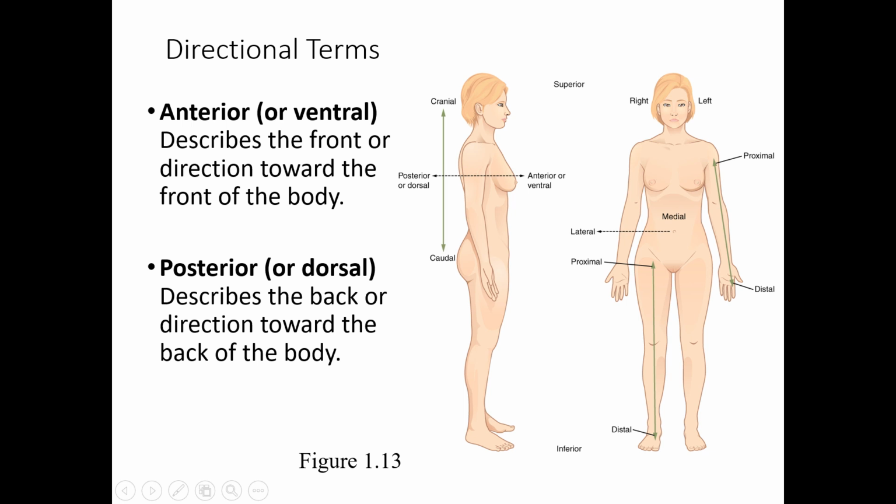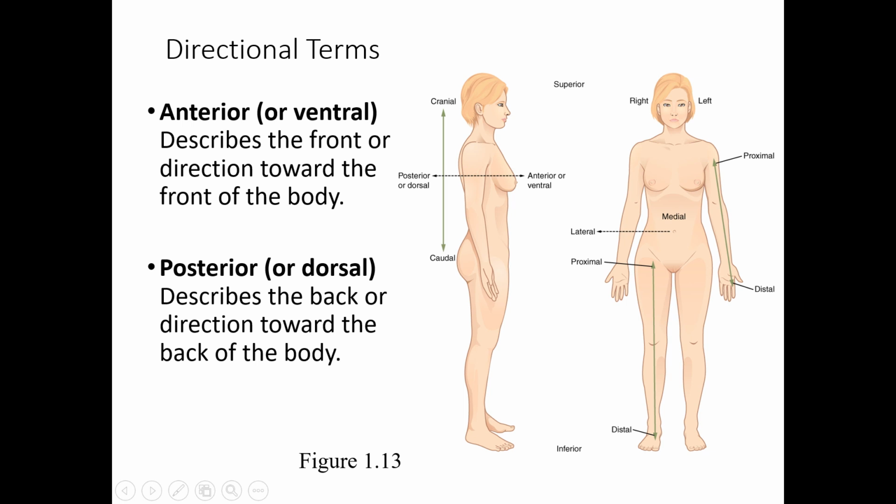Now, anterior or ventral and posterior or dorsal. It is related to the body surface. Anterior describes a structure that is located closer to the frontal surface of the body. Posterior describes the structure that is located closer to the posterior surface of the body.